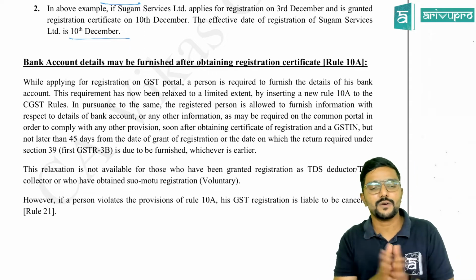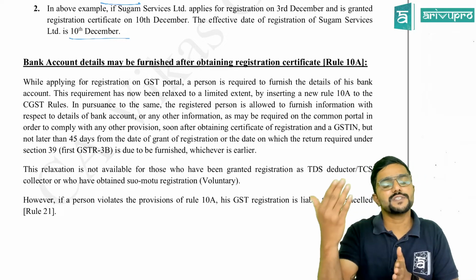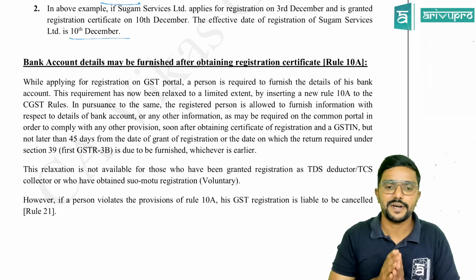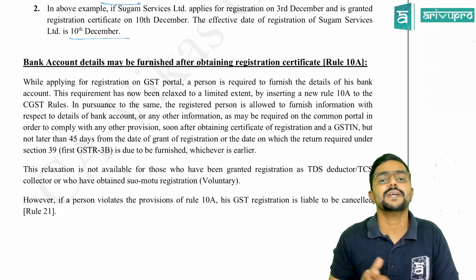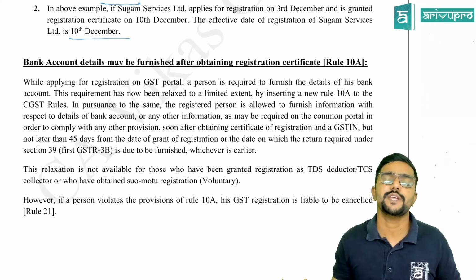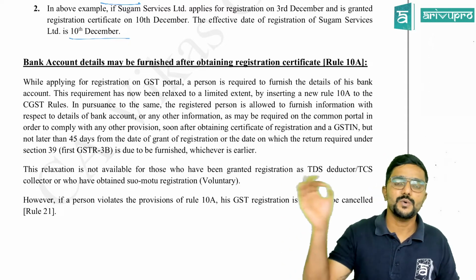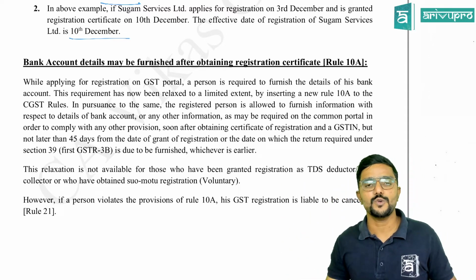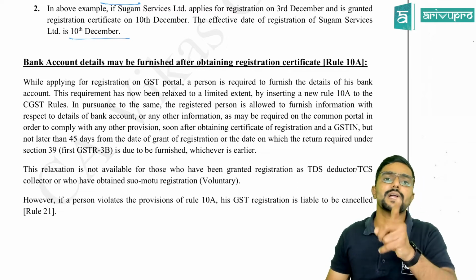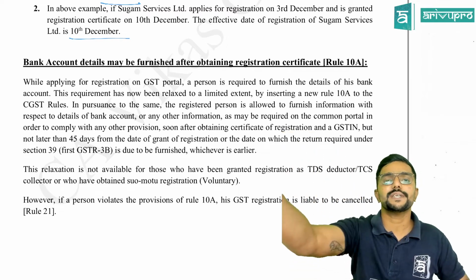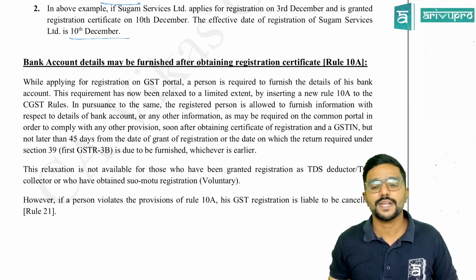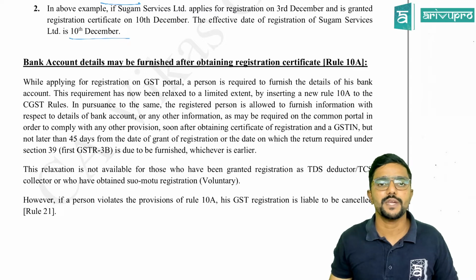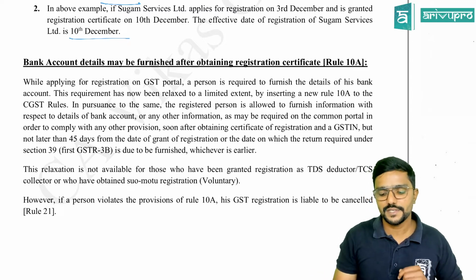If you don't have bank account details as of now, apply for registration under GST, get it done. But within the time limit given under Rule 10A, you have to give your bank account details. So Rule 10A is applicable only for those who have not given their bank account details when making the application for registration. They are giving some maximum time limit to give the bank account details. What is it? We will see.